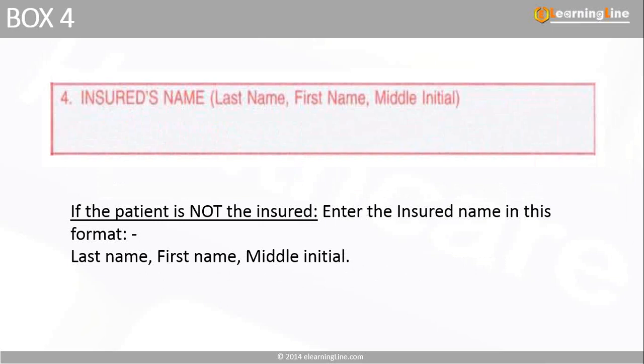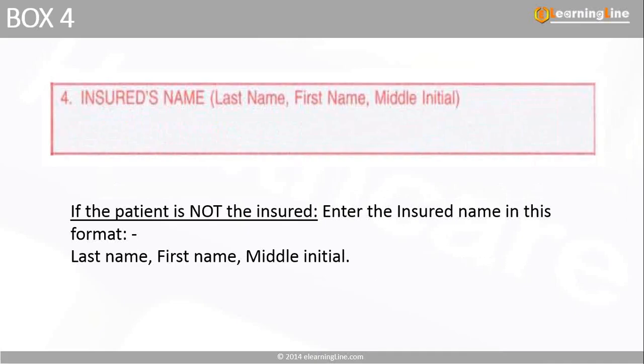Insured name. Who is the insured? Again, the name format is last name, first name, middle initial. If the patient is not the insured, enter the insured name in this format. So what does it mean? Who is the subscriber? That's what it means. It is not asking for the patient name.